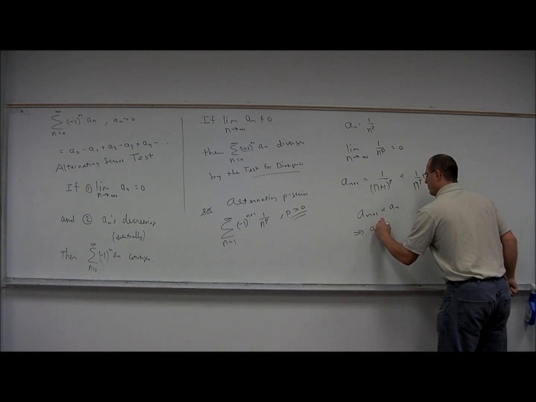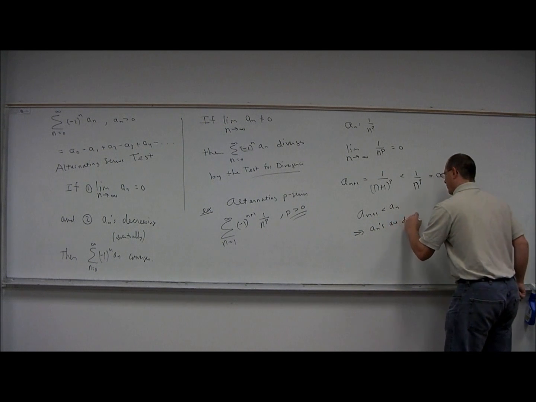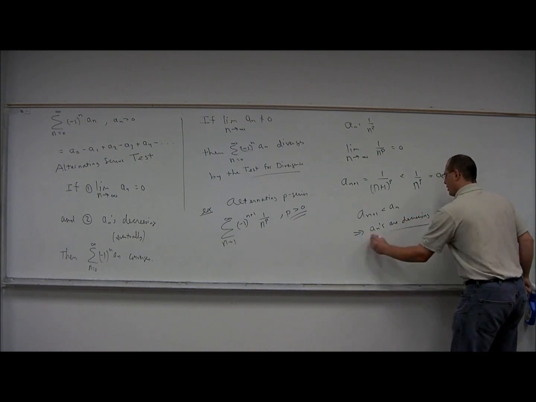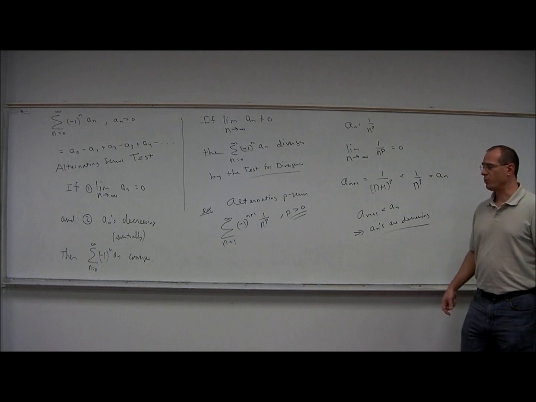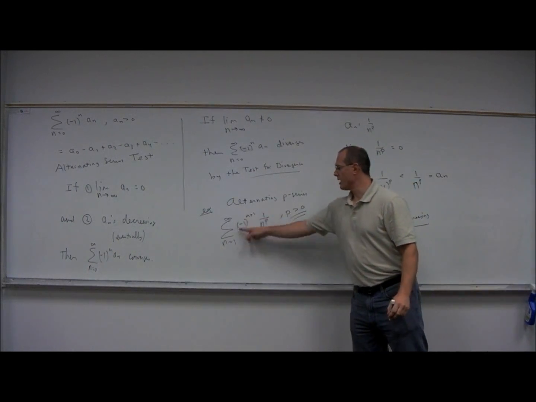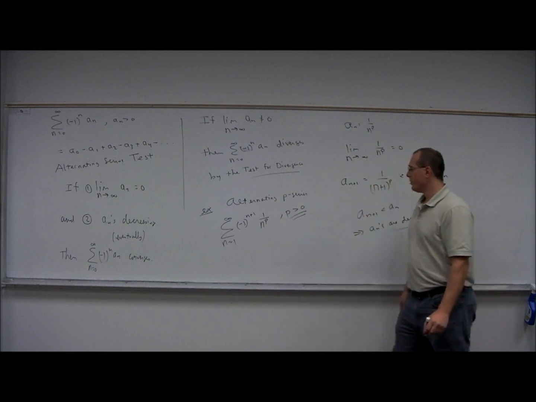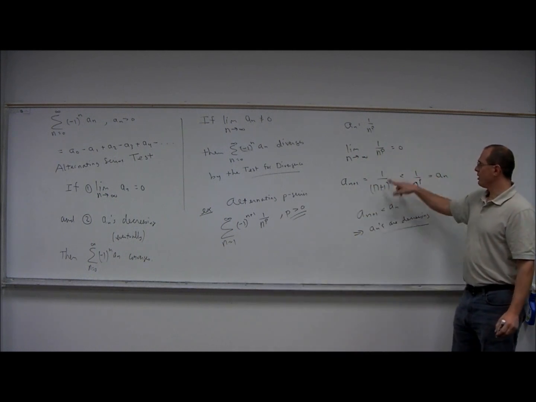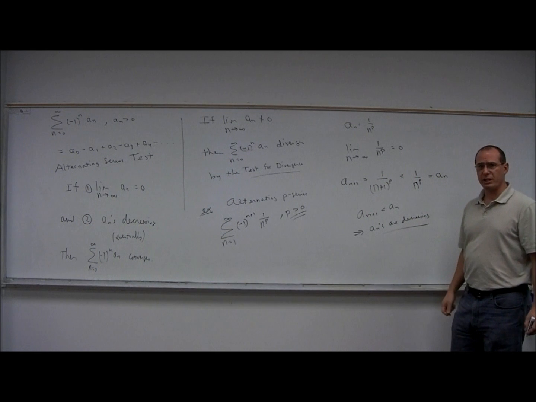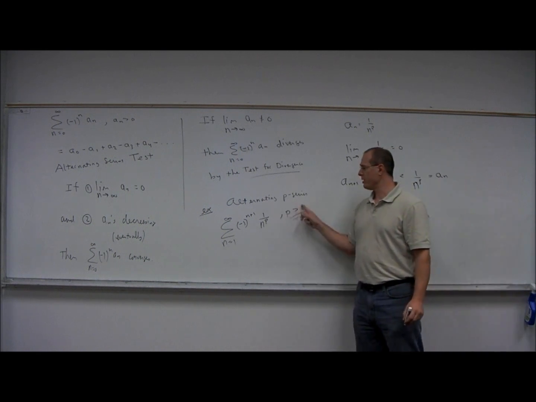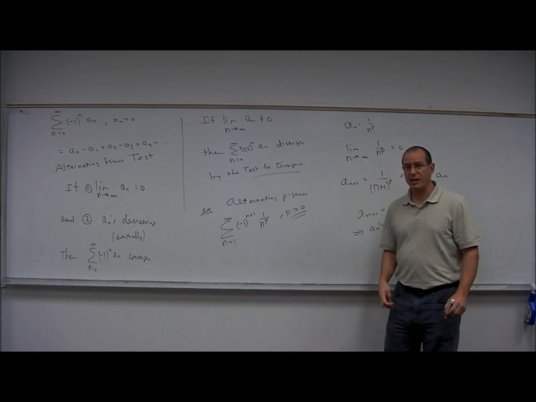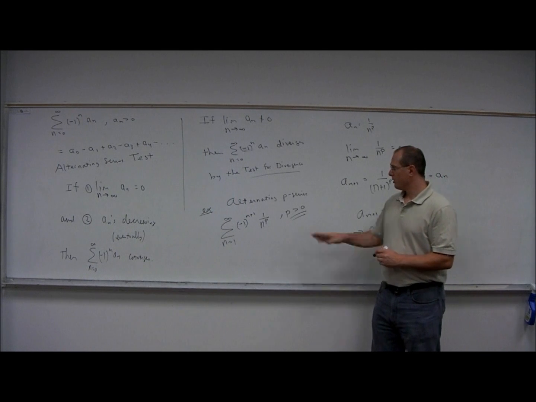That means that the a sub n's are decreasing. So from the alternating series test, this is more or less our simplest example of an alternating series. We can see that it converges. The limit is 0, and the terms are decreasing. So an alternating p-series will converge for any value of p bigger than 0.